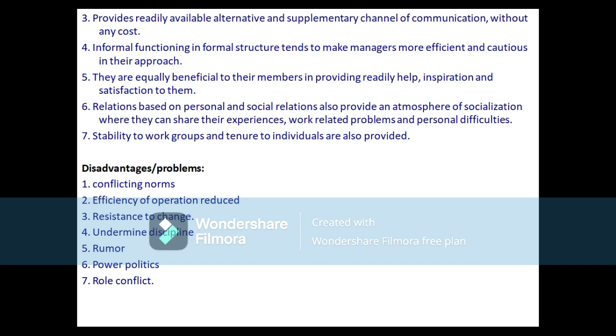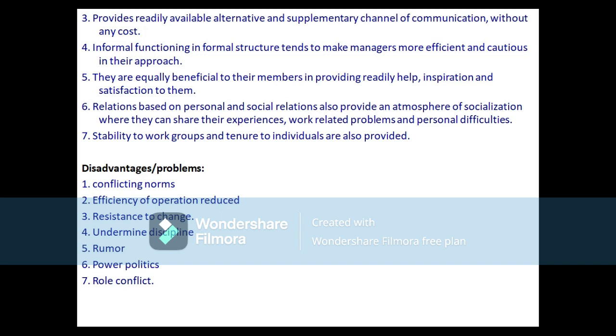Because they have a long journey with the organization, within the informal groups, where they can share their experiences and there will be some people to support them. Therefore they will feel a free, comfortable environment in the informal organization. So we can see stability in the work group, and stability in the tenure of the individuals also.